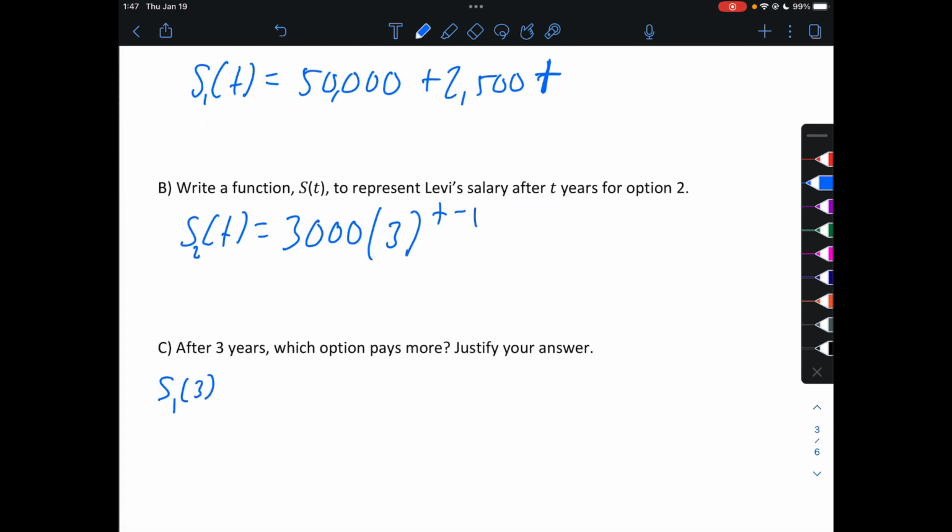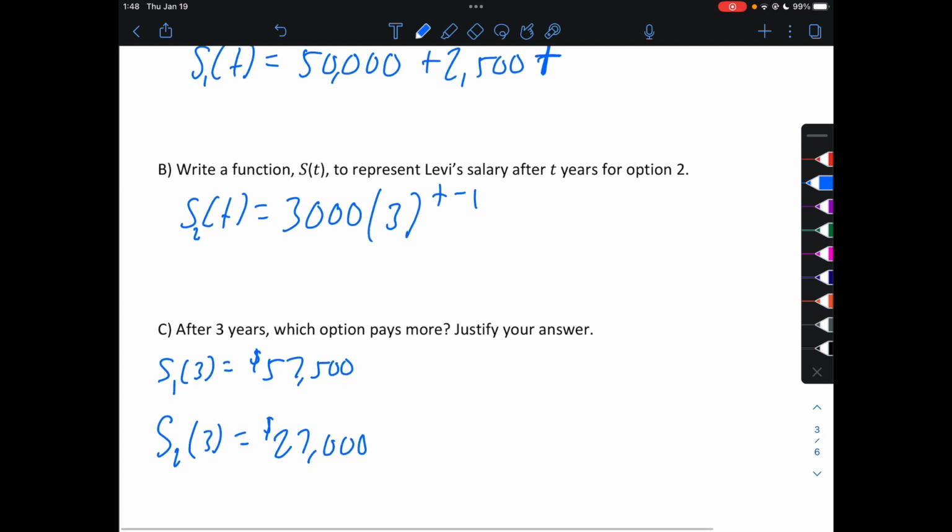S1 of 3, we just put 3 in here and we would get 57,500. S2 of 3, if we put 3 in here, it would be 3,000 times 3 to the second power, so 3,000 times 9. And he's already at 27,000.